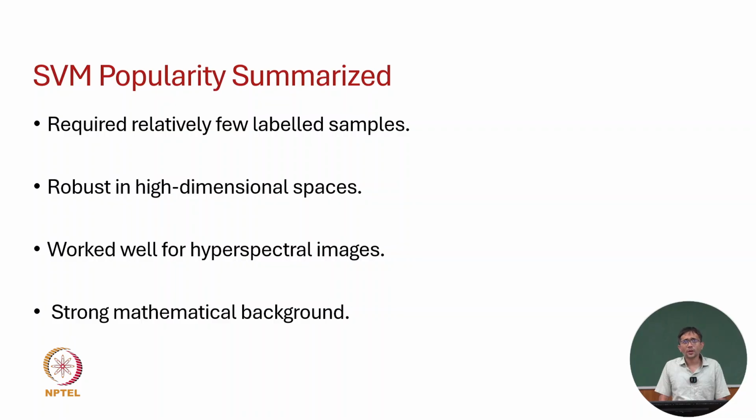It is robust in high dimensional spaces, the reason we see SVM used quite a lot for hyperspectral images. And it also comes with a strong mathematical background, thus instilling more confidence in researchers who want to use SVM.